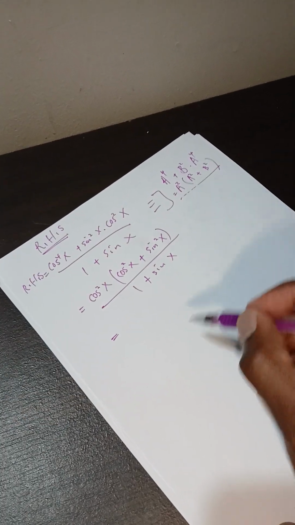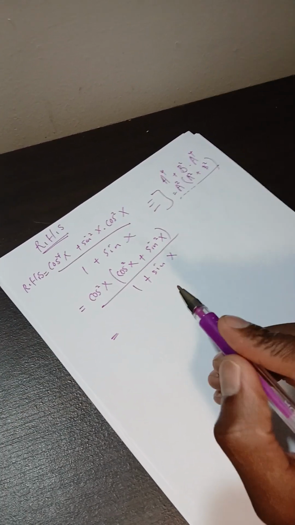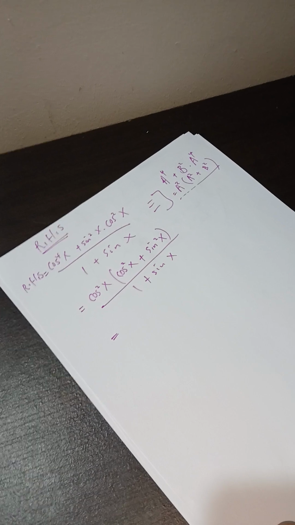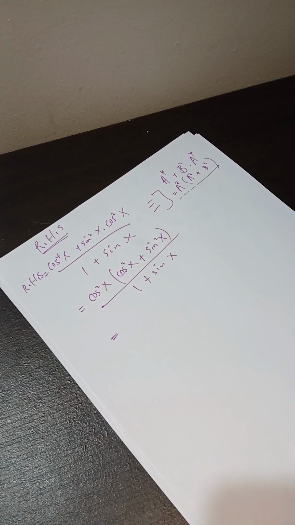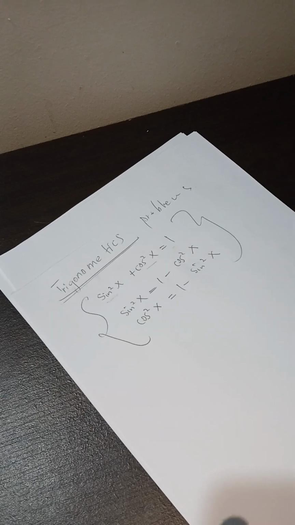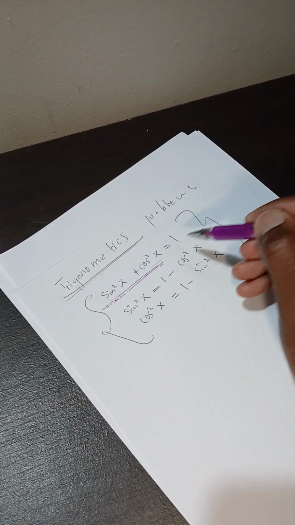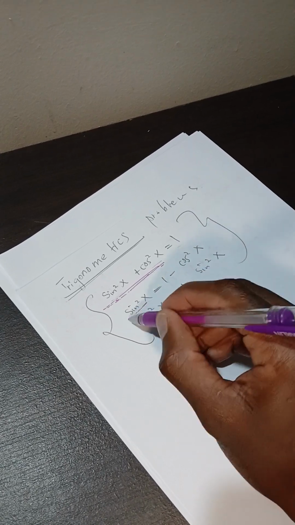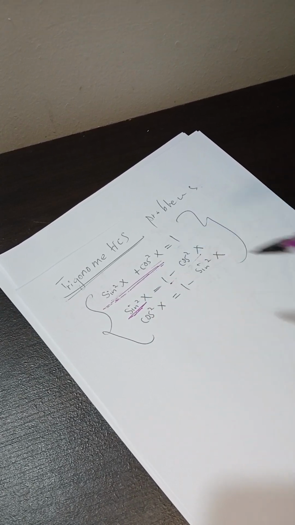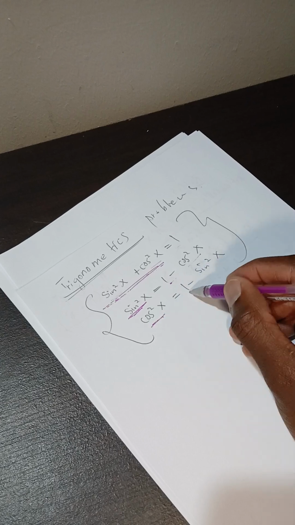Then moving on with our problem, let's look at some little basics. Previously we were looking at this: sine squared of x plus cos squared of x is equivalent to 1. If we make sine squared of x the subject of the formula, it's equivalent to that. Cos squared of x as the subject of the formula will be equivalent to that.